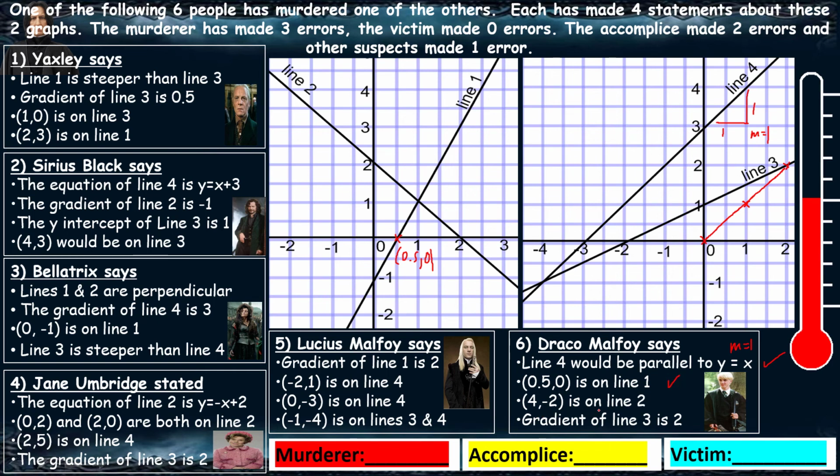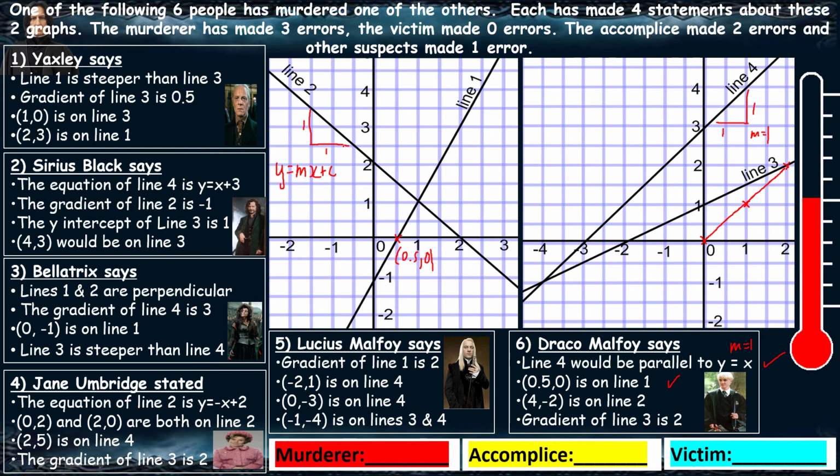(4, -2) is on line 2. Well, this is line 2 and it goes off the page, so we've got to use our y equals mx plus c skills. So let's find m first. The rise is 1. The run is 1.